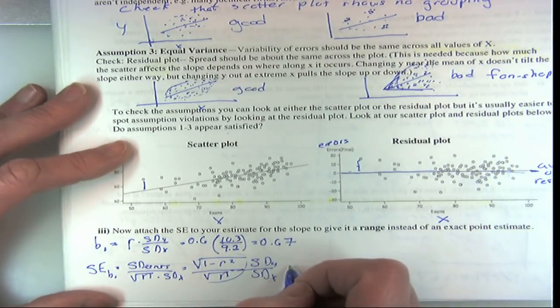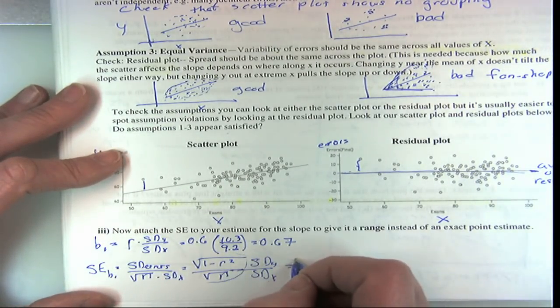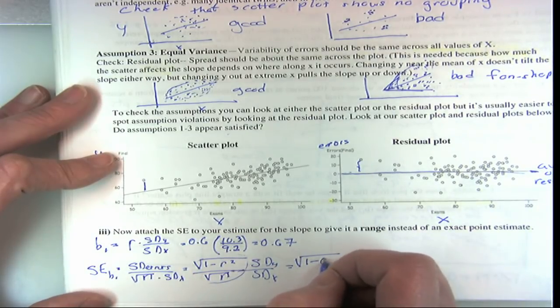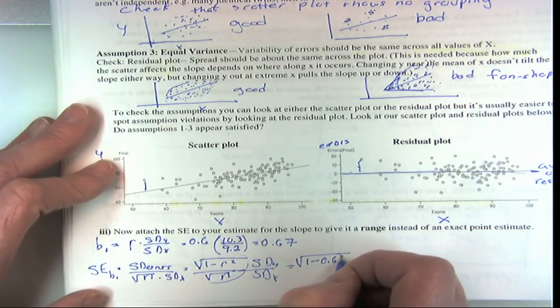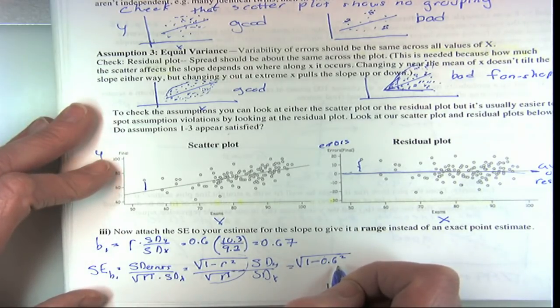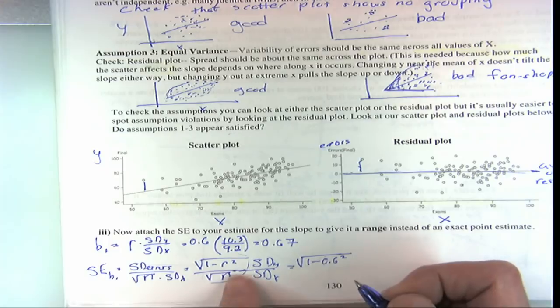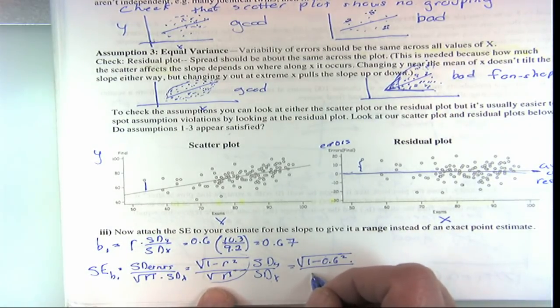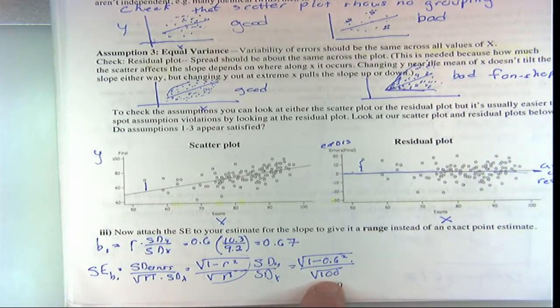Okay, so now this is what? The square root of 1 minus, there's your r, 0.6 squared, right? That's 1 minus r squared times, I'll do this part first, over the square root of 100, that's our sample size.